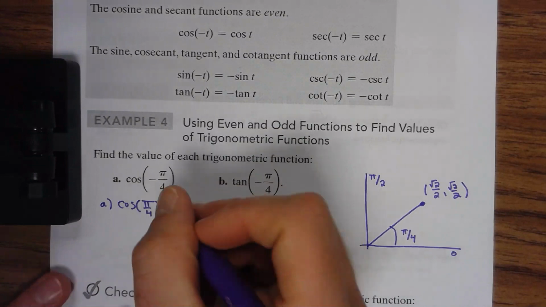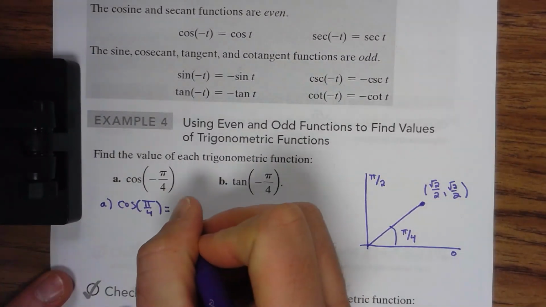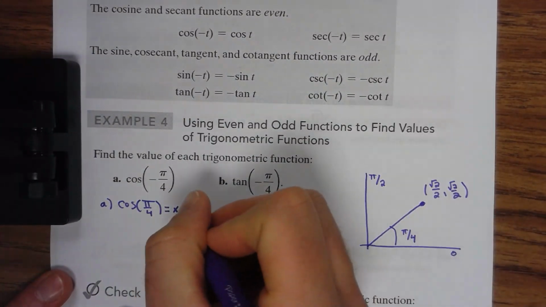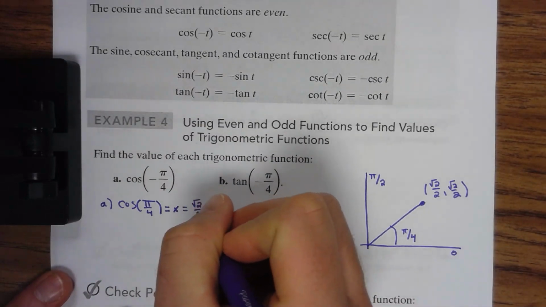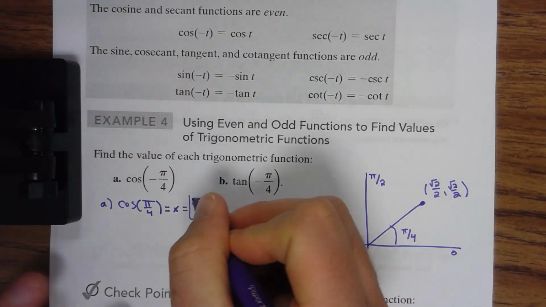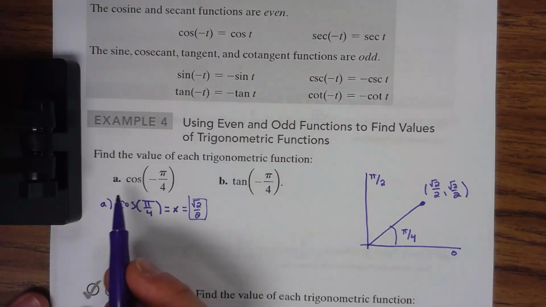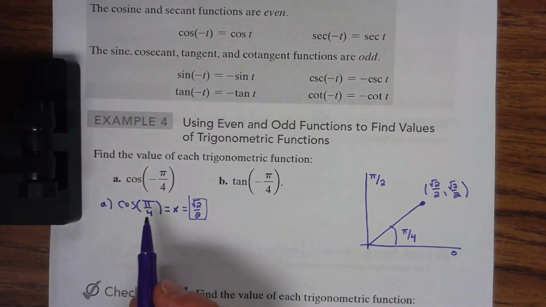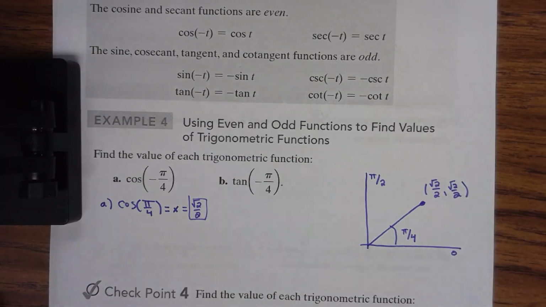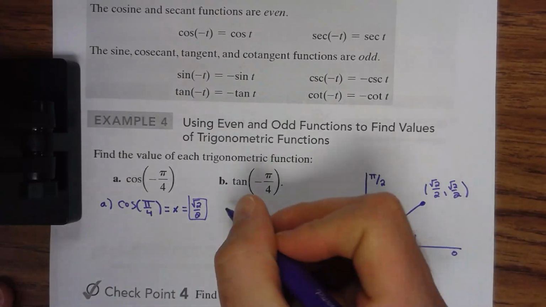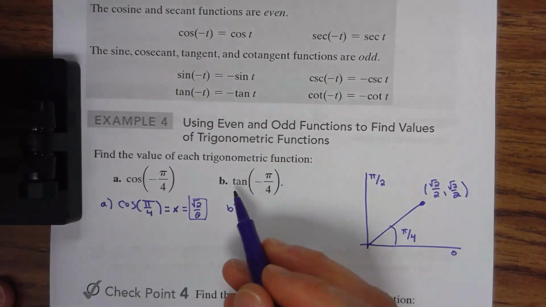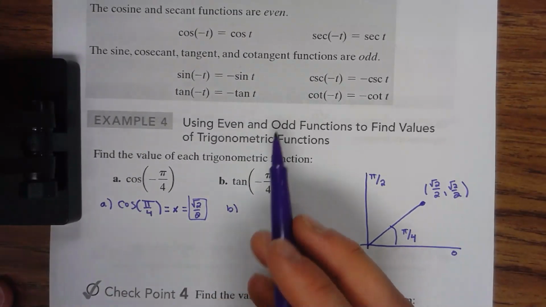Remember that cosine of any angle is equal to the x coordinate on the unit circle, which is root 2 over 2. So cosine of negative pi over 4 is equal to root 2 over 2, and we use the fact that it's even: cosine of positive pi over 4 is the same as cosine of negative pi over 4. Now, moving along with tangent, which is an odd function.